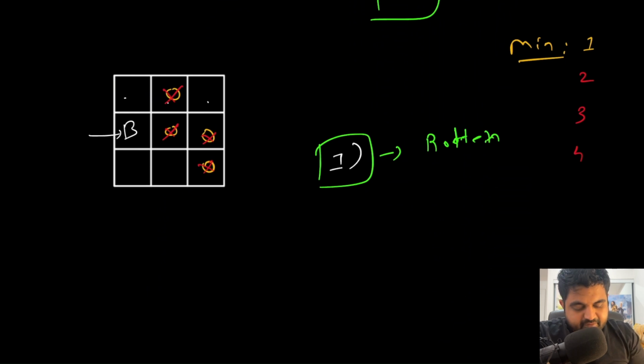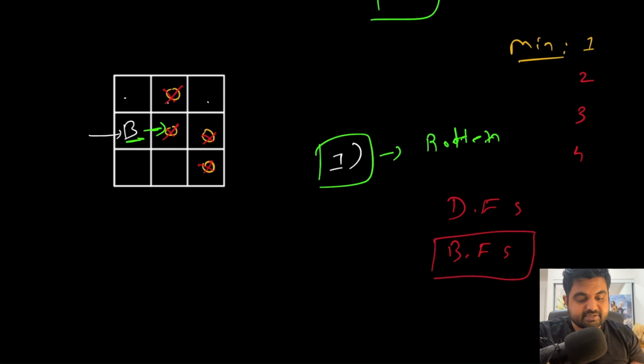Next thing is, the moment we find the rotten orange, we start branching out. But the question is, are we branching out in a depth first manner or a breadth first manner? Well, logically in this case we are iterating in the breadth first search manner, because for every single node that we iterate over, we try to iterate all of its neighbors before visiting their neighbors. Let me give you a very simple example for that. Let's say in this example, during the very first iteration we simply visit this neighbor.